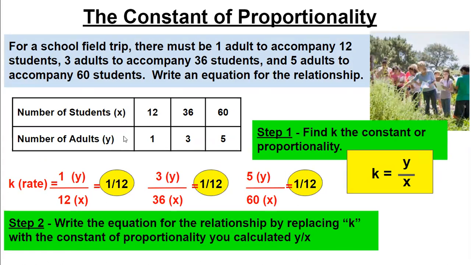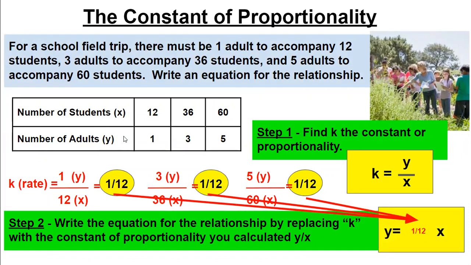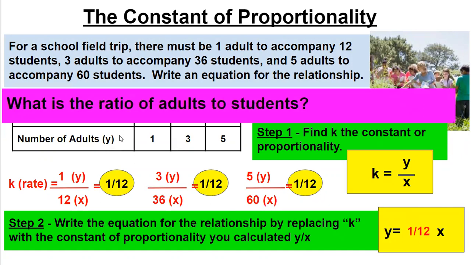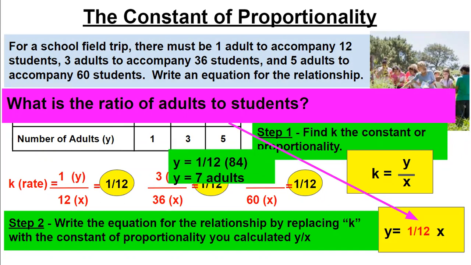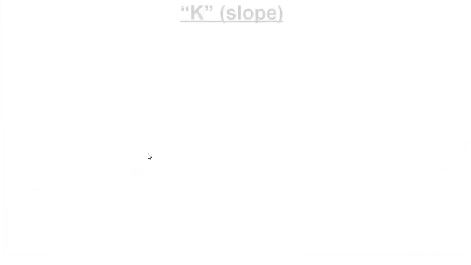Then we write an equation. So we have Y equals KX, and we put in 1/12 for K. That's the equation of our relationship. What is the ratio of adults to students? 1 adult for every 12 students, right? There it is. For this last one, we had plugged in 84 students, and we decided there'd be 7 adults when we plugged it into the equation. So that's just kind of a review.